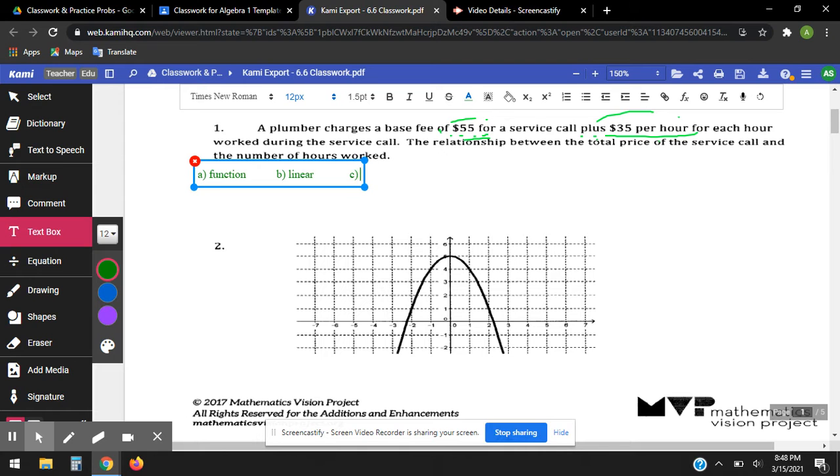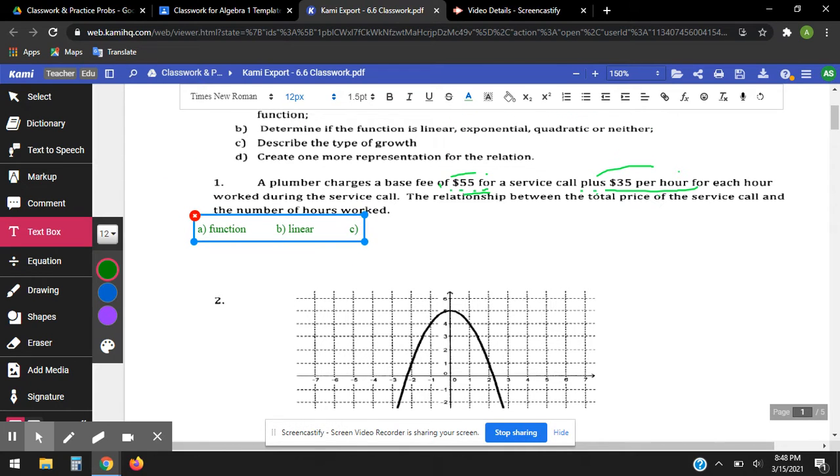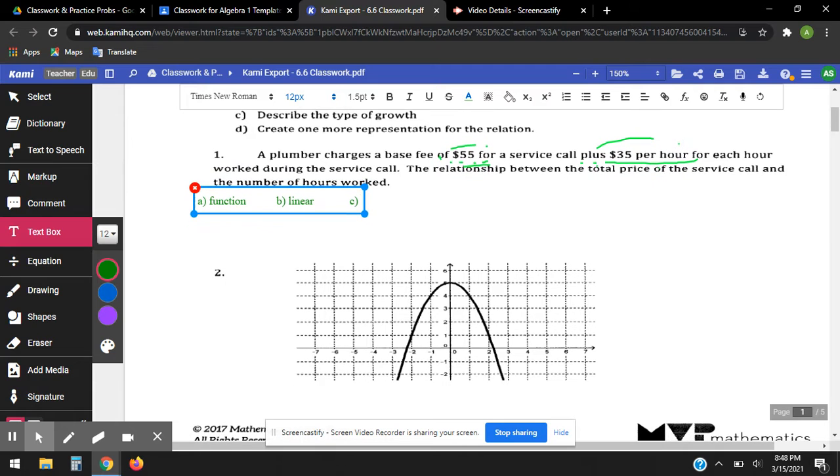B, describe its type of growth, which means it has a slope, so it has a constant rate of change. And then for my next representation, I'm going to write the equation for it, because I want the cost equals $55 plus $35 per hour of work. So I'm going to do the equation for that one.